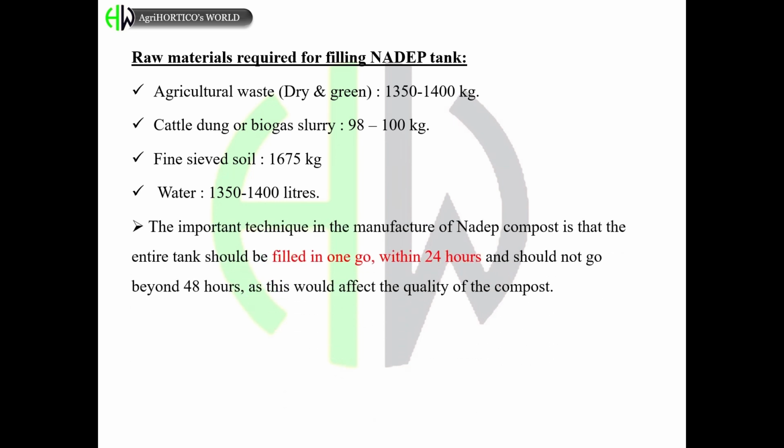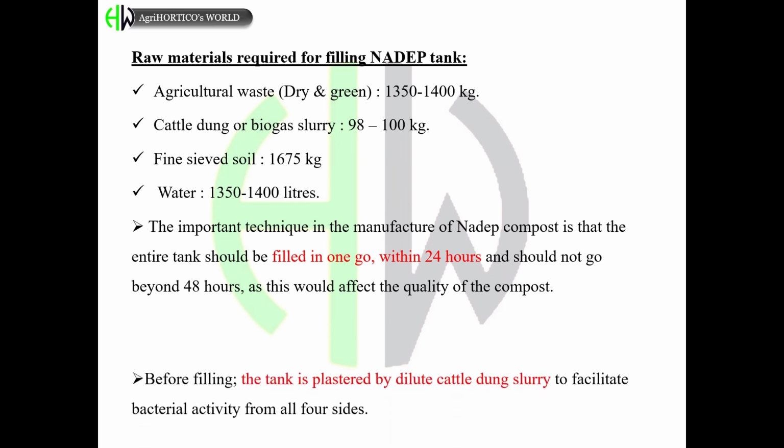The important technique in the manufacture of Nadef compost is that the entire tank should be filled at once, within 24 hours and should not go beyond 48 hours, as this would affect the quality of the compost.